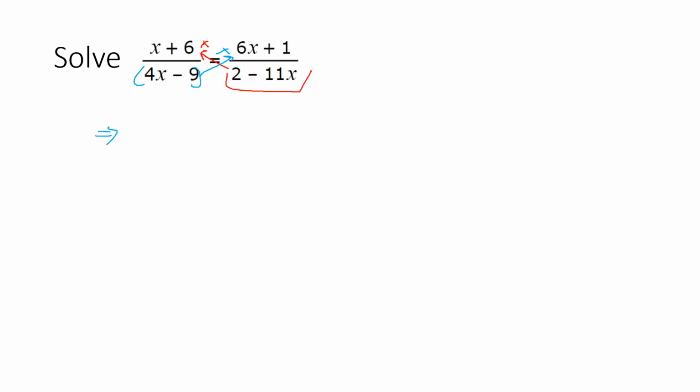So what we're left with is (x + 6) times (2 - 11x) is equal to, I'll do that in a different color, (6x + 1), and we're multiplying it by (4x - 9). Okay?